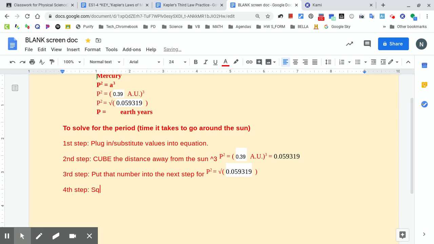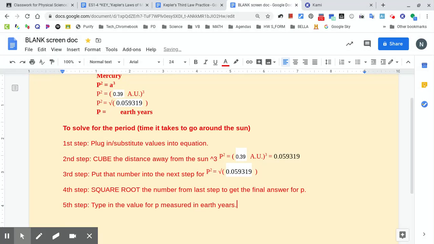So we take the square root of that value to get the final answer for P. The fifth step is to type in the value for P measured in Earth years. So that's the unit.